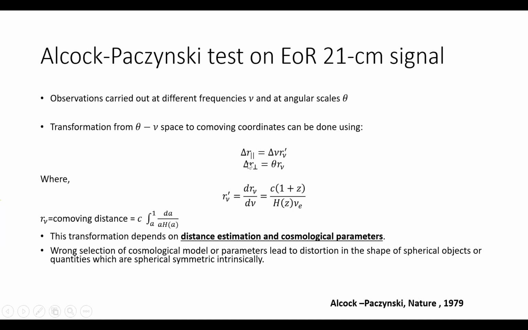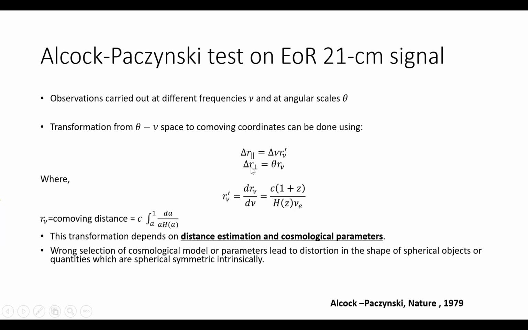Let's say you have a 3D object, and its line of sight distance is delta r parallel. So delta r parallel is essentially delta nu, your frequency difference in observations, times r nu prime. Here r nu is the co-moving distance, and r nu prime is the rate of change of co-moving distance as a function of frequency.